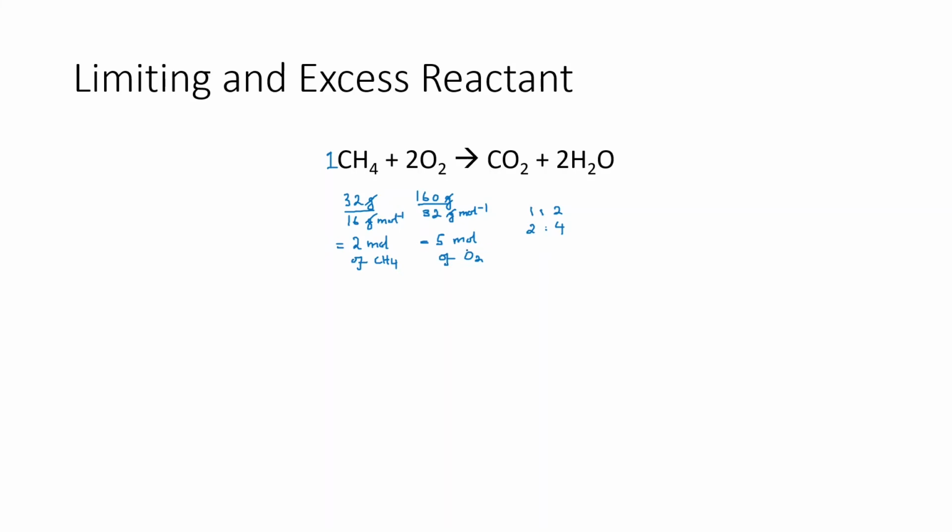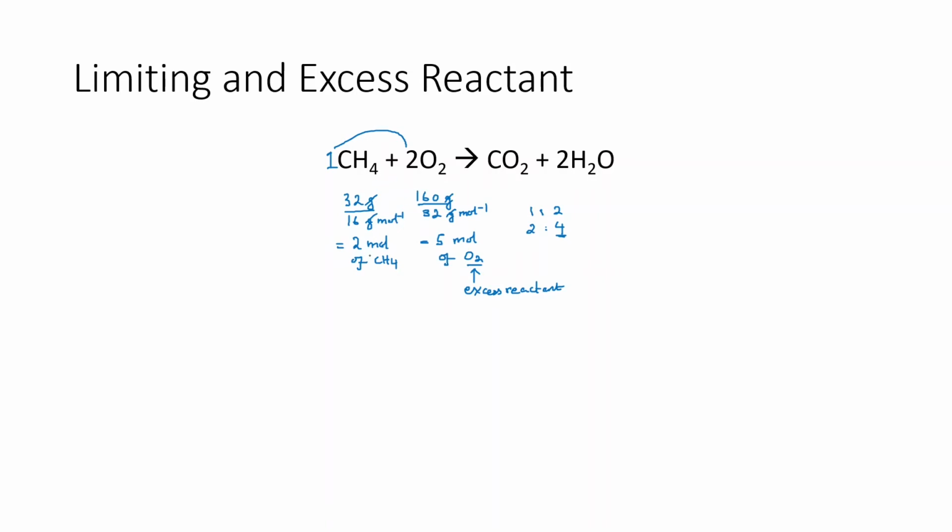That's more than what we require. So oxygen in this case becomes our excess reactant. We have more oxygen than what we need, right? We have 5 moles of oxygen when we actually required 4 according to the ratio of the coefficients, this 1 to 2 molar ratio.